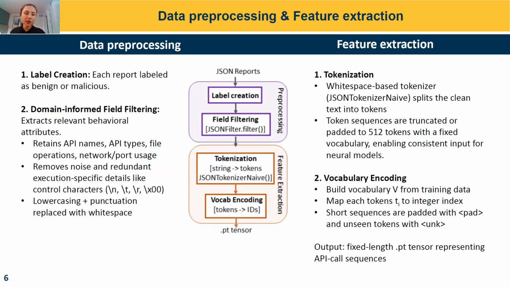Everything is lowercase and separated with standard white space. Next, we apply a white space-based tokenizer. Tokens are mapped to a vocabulary index where unseen tokens become unknown and short sequences are padded. The result is a consistent PyTorch tensor for each sample, ready for model training.